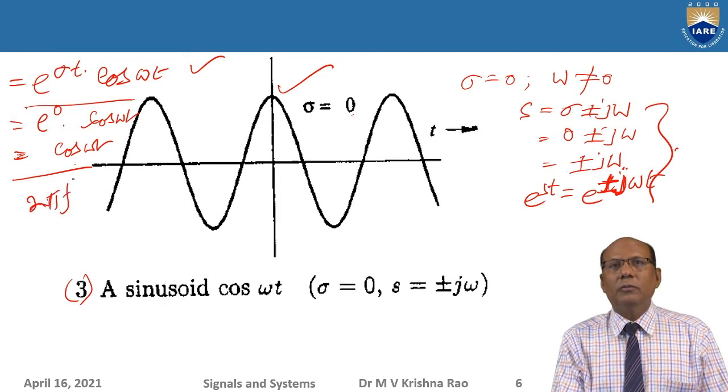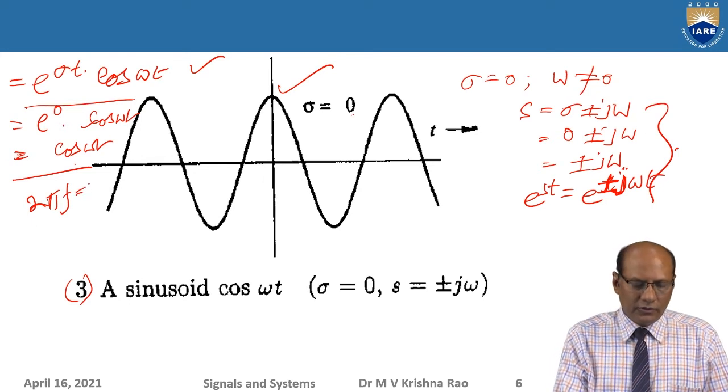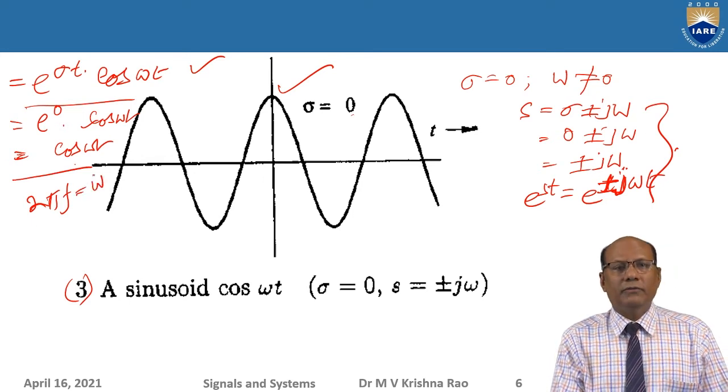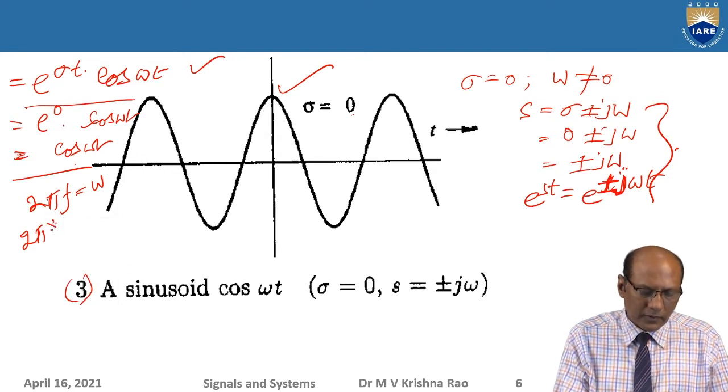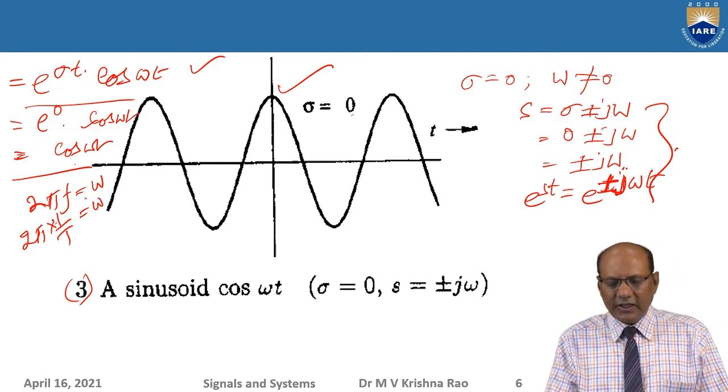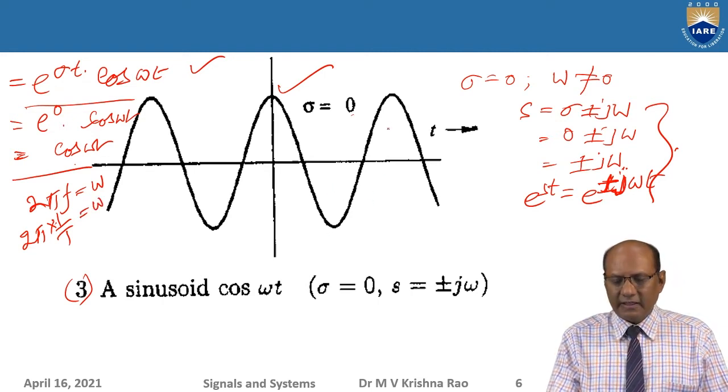Omega is nothing but 2 pi f. What is f? F is nothing but 1 by T. So 2 pi f is nothing but 2 pi by T equal to omega. What is T? T is the one cycle period.